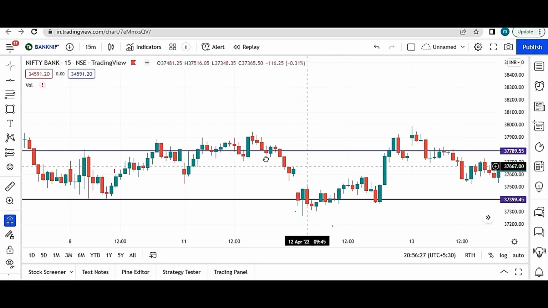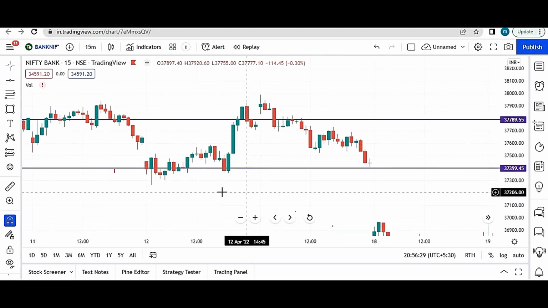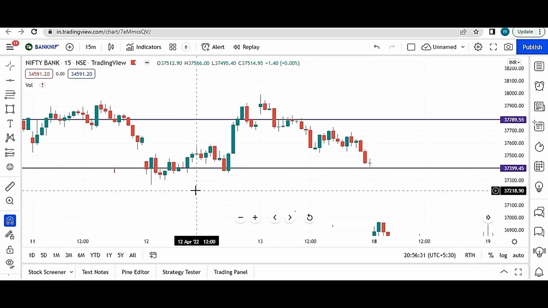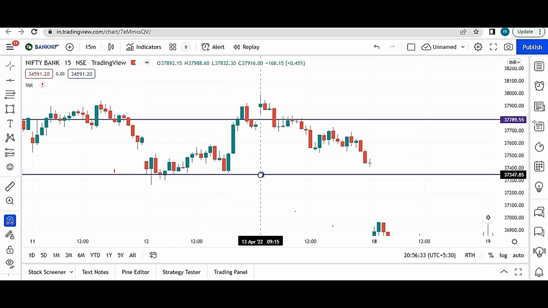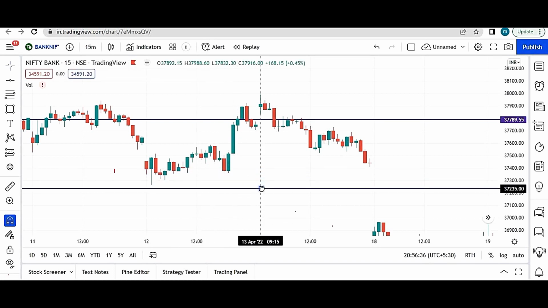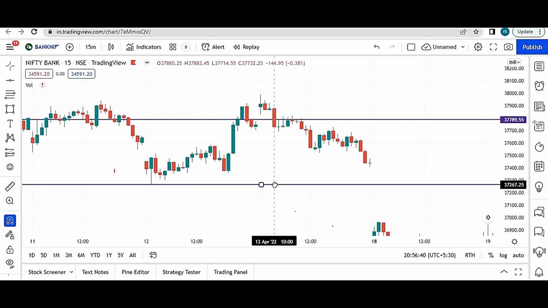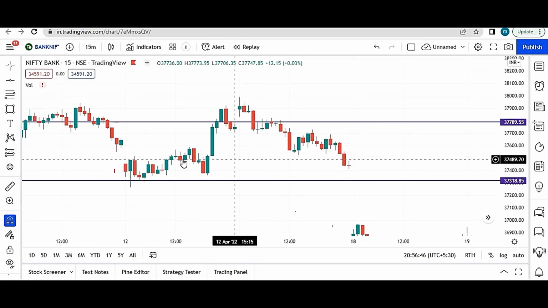No inside bar around. We are on April 12th. This is not an inside bar. No opportunities on April 13.